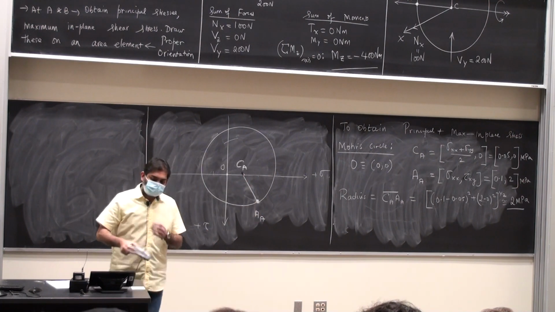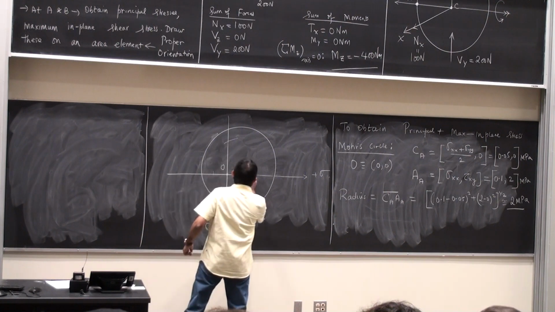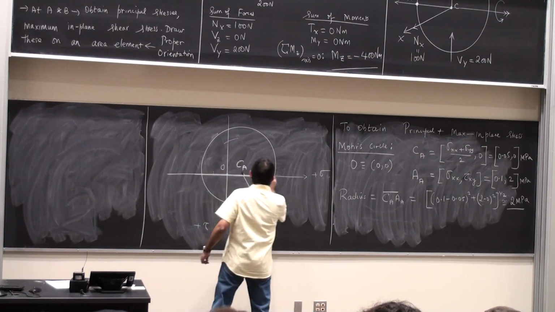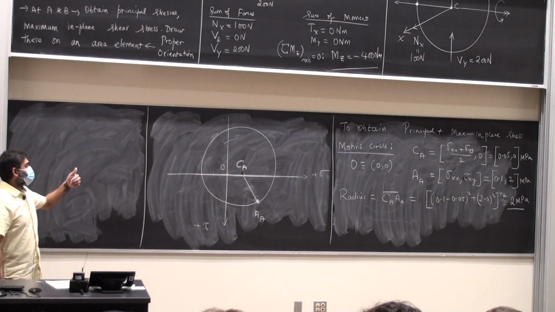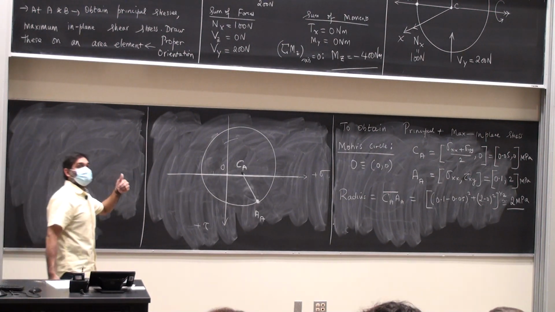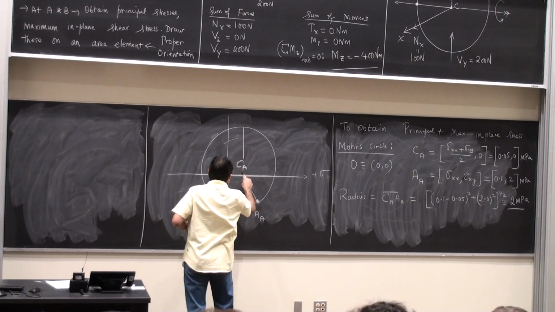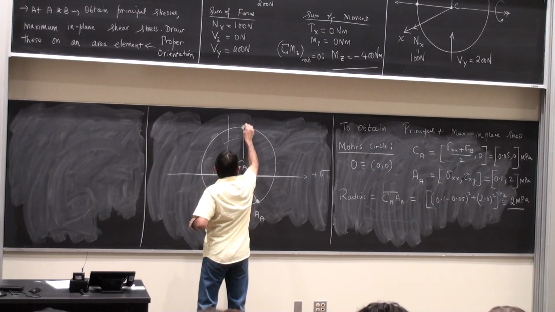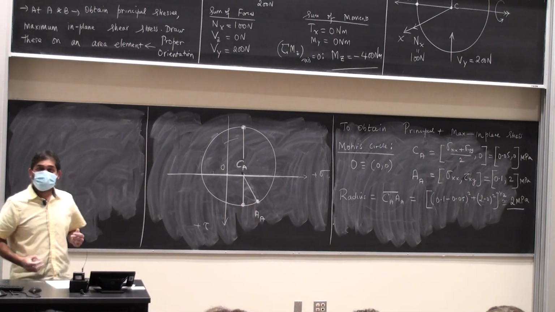And now, we have to start doing things here. I'm going to draw a vertical line passing through the point C suffix A, which is the center of the Mohr circle. That's a point that I'm interested in, where it intersects the top and the bottom.